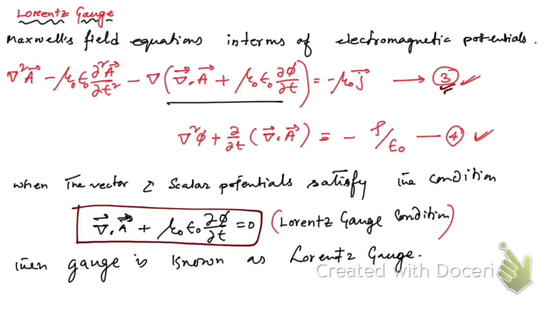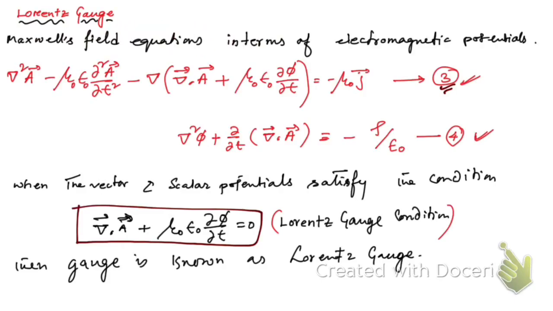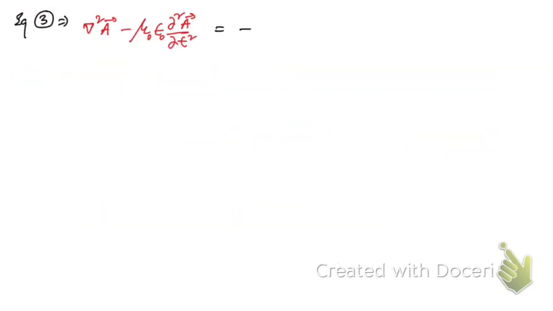This part will be 0, so we only take this part, and the right-hand side is equal to minus mu naught j. That's what we're going to have, right?